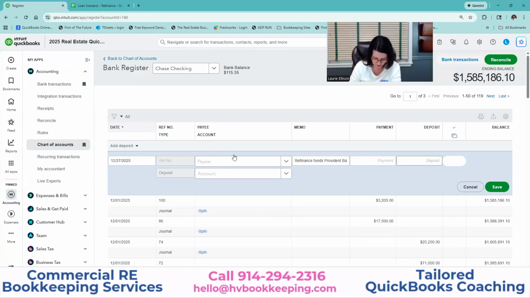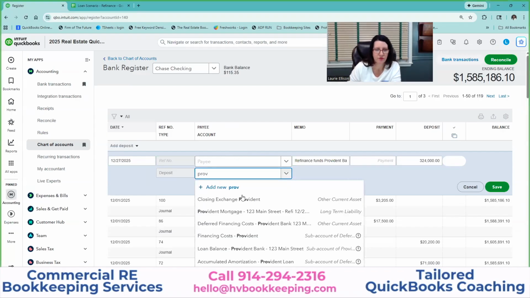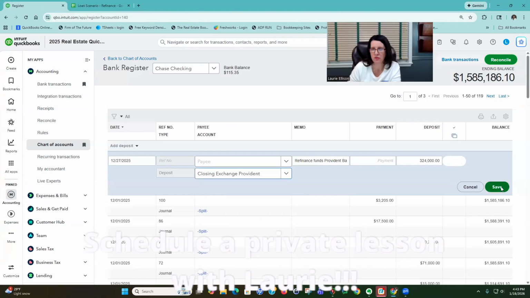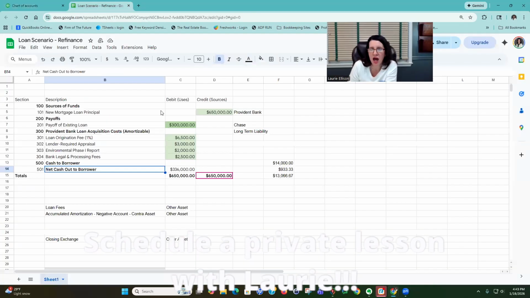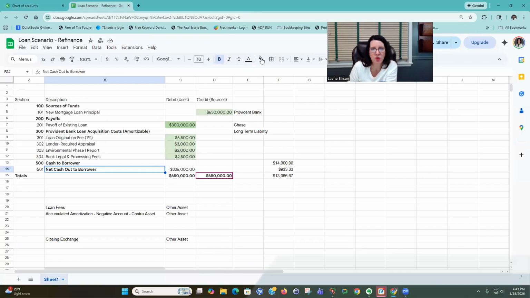And we said that the net cash is 324. Okay. So now let's see.